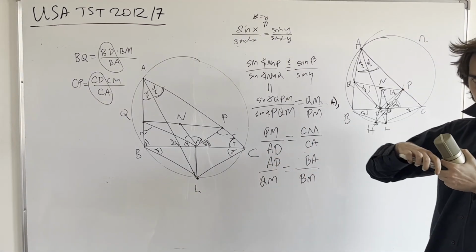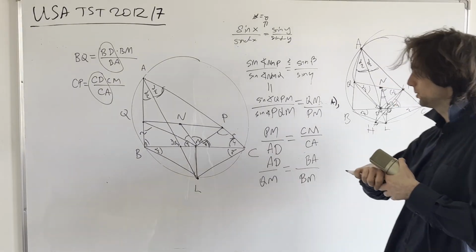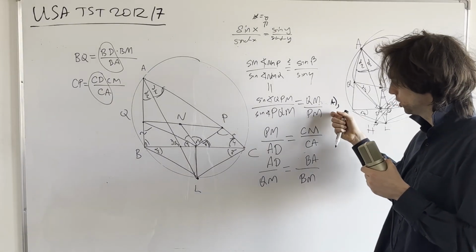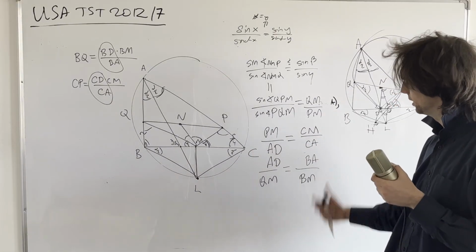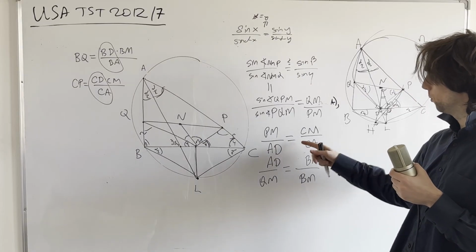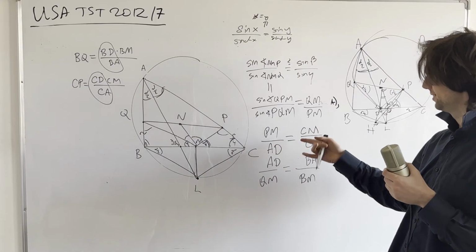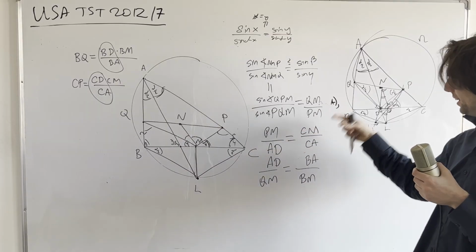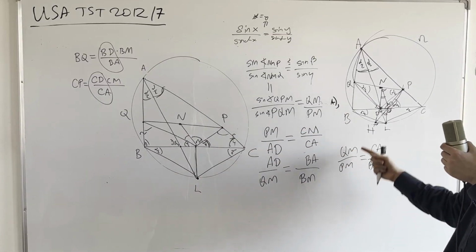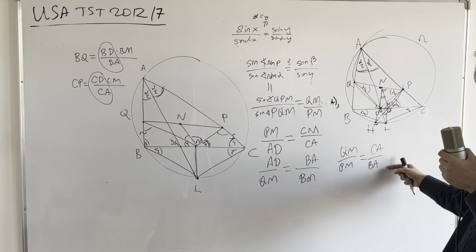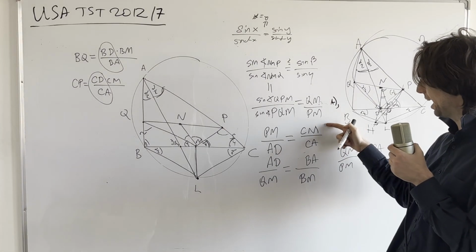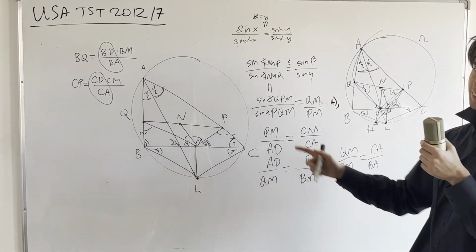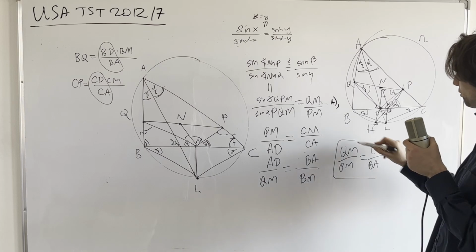So now, what does this imply? Well, it implies that this QM over PM, actually I did this the opposite way, but when I multiply these and then flip them around, I'll get QM over PM is CA over BA, because the CM and BM cancel out, the ADs cancel out, and I get this is true.